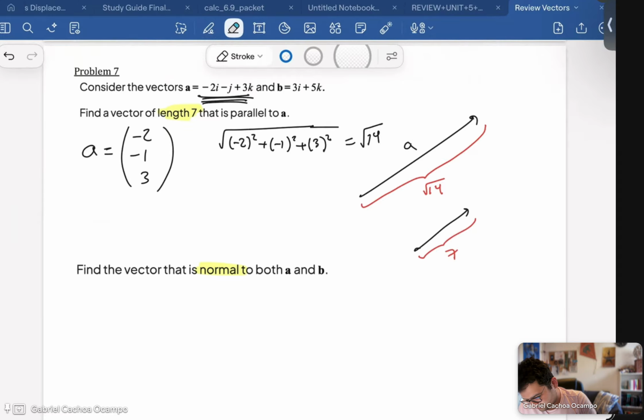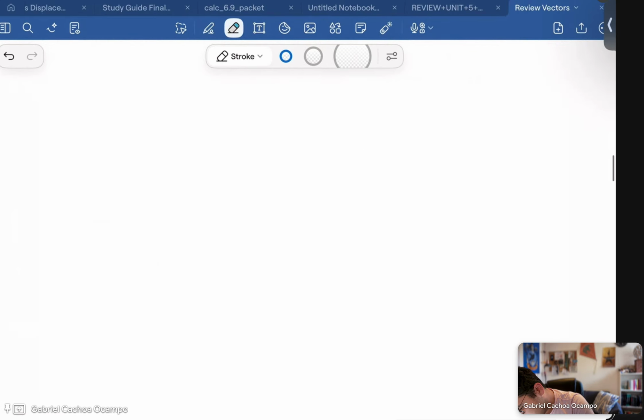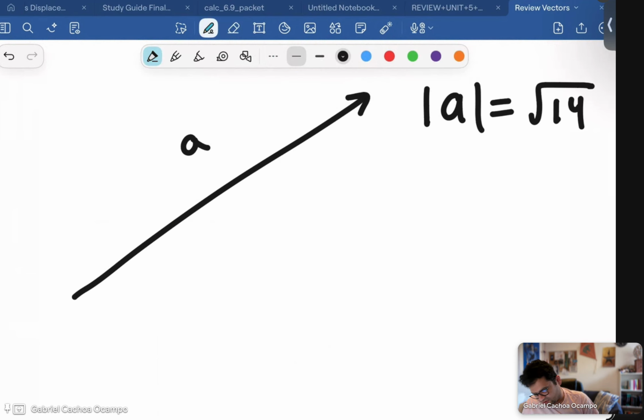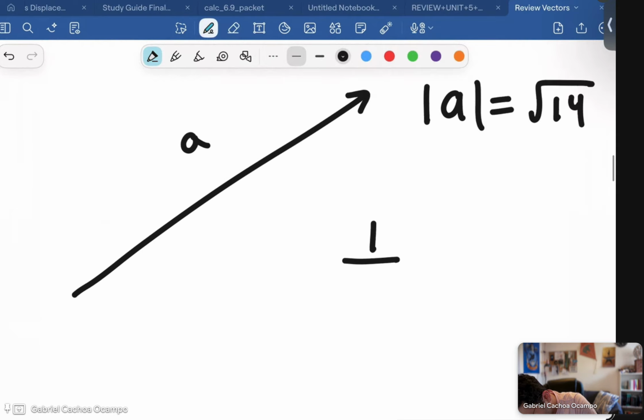Let me make a drawing of what we're going to do. Here is vector A. I know that vector A has a length of the square root of 14. So what happens if I multiply 1 over the square root of 14 times A?